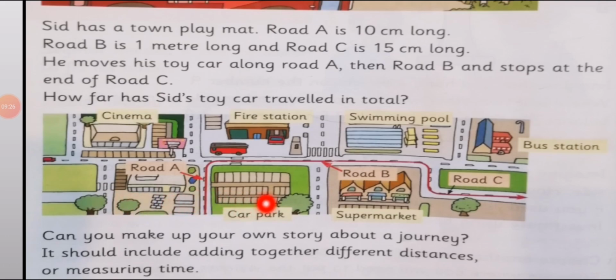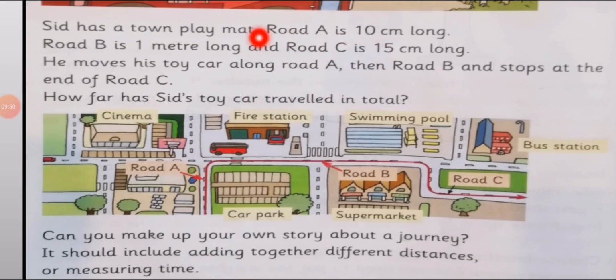So Sid's toy car starts its journey from road A. Then it turns into road B. Then it turns towards road C and stops there. So we have to find out the total distance traveled by Sid's toy car. The lengths of the roads are given there.